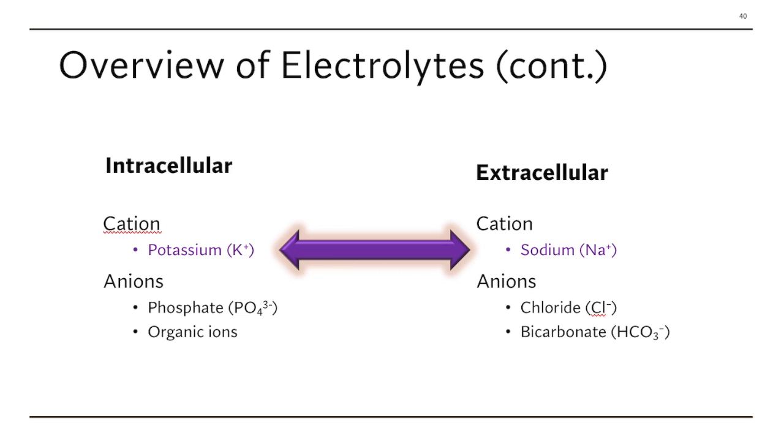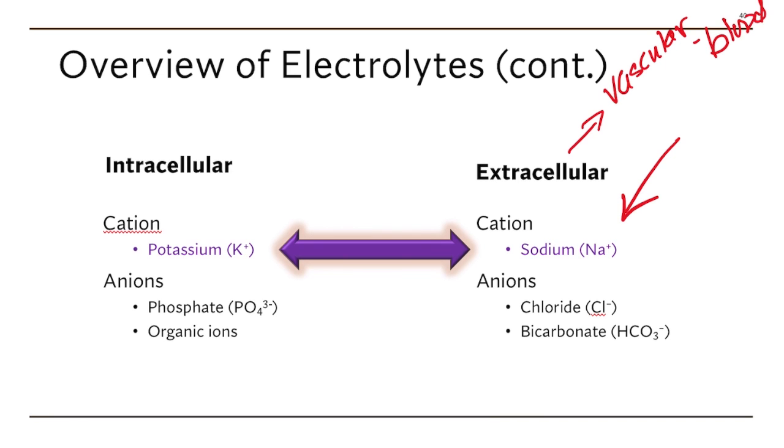We've kind of talked about this a little bit, but the most common cation inside of the extracellular fluid. And again, extracellular includes your vascular spaces, so your blood, let's put blood, and your interstitial.